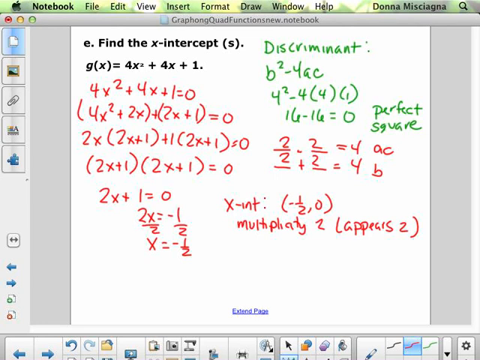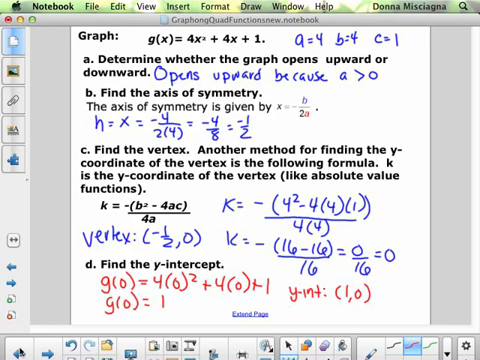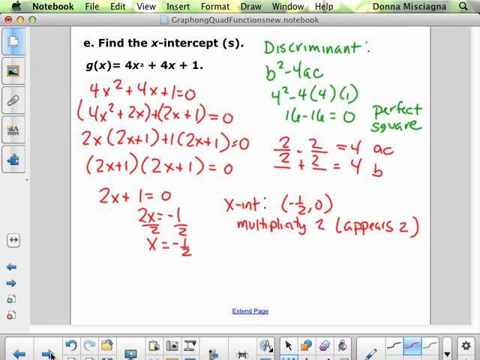And when an x-intercept appears twice, rather than crossing the x-axis, it's going to do what's called touch and turn. So negative 1/2, 0. Gee, where have we heard that point? Where have we had that value before? It sounds familiar. Oh, yeah, it is also the vertex. So our x-intercept is also the vertex.